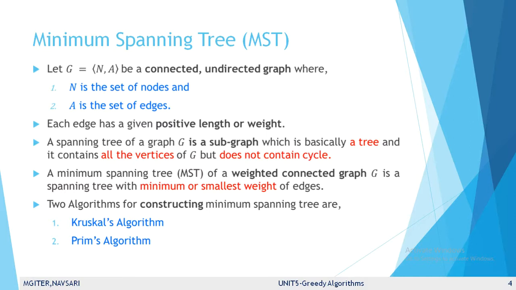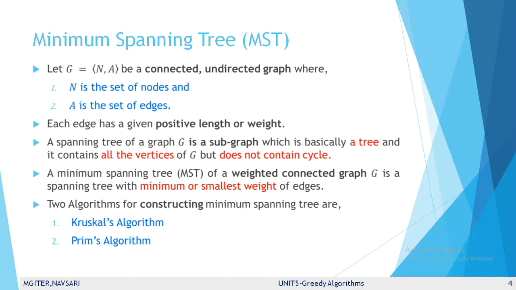The minimum spanning tree is a subgraph with the minimum weight of edges. We apply the minimum spanning tree in routing algorithms and design of networks. There are two algorithms for the minimum spanning tree, that is Kruskal's algorithm and Prim's algorithm.